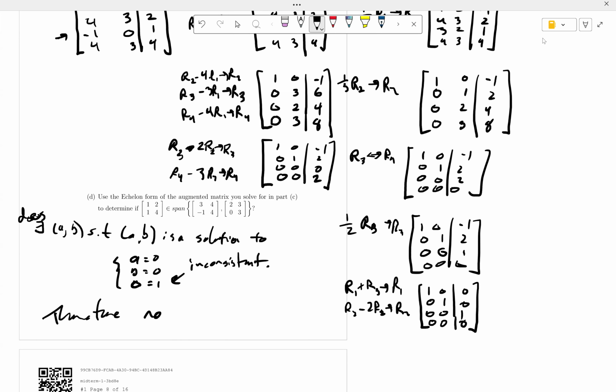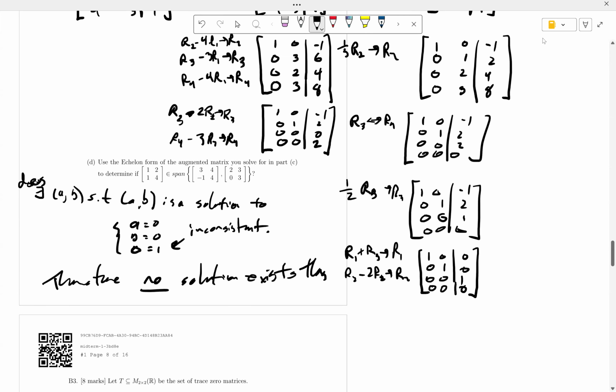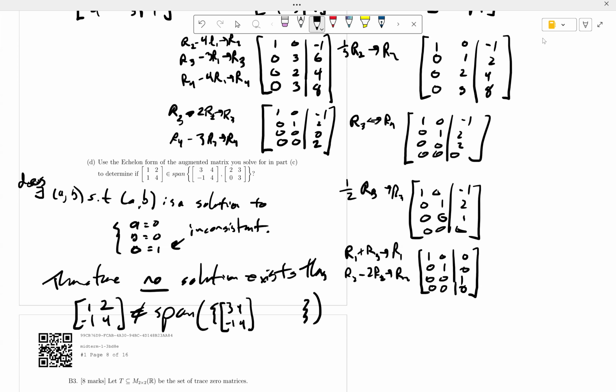Therefore, no solution exists. Thus, the matrix 1, 2, minus 1, 4 is not in the span of our set of matrices, which we can see here as 3, 4, minus 1, 4, 2, 3, 0, 3.